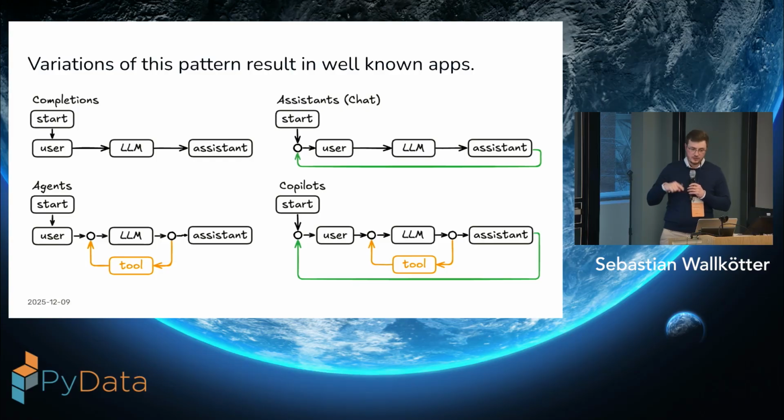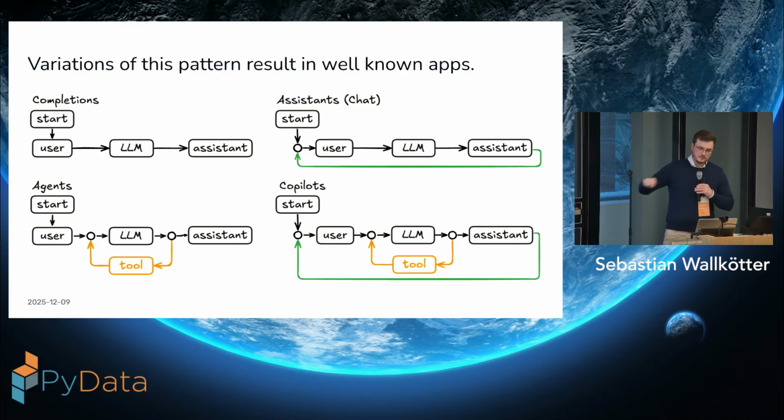Because variations of it will give you all the different types of apps that you're likely already familiar with. If you take out the tool loop and the trace loop and you have no loops at all, you get the standard completions, which you might have seen, for example, in automated customer response, or if you want to do a sentiment analysis on articles and just run an LLM call over a bunch of articles. Those are all completions.